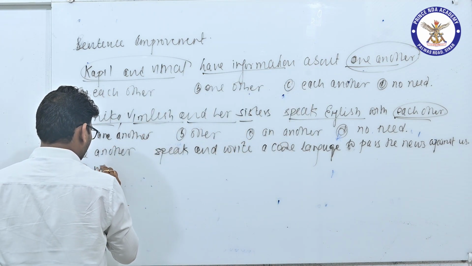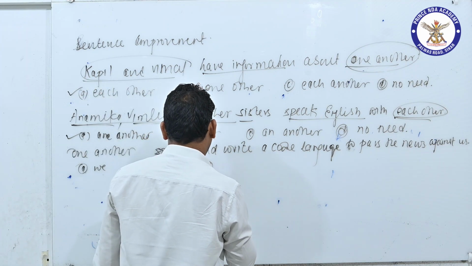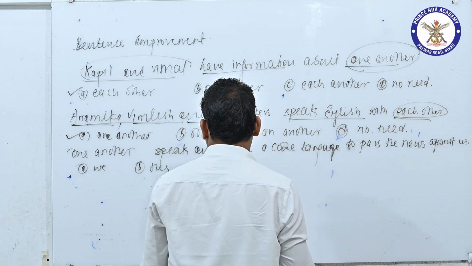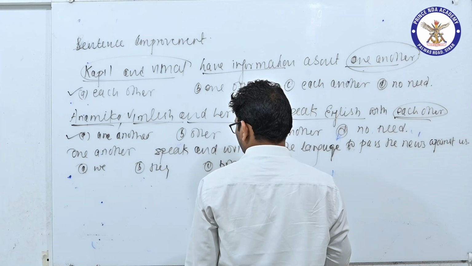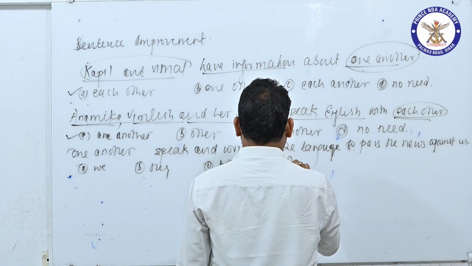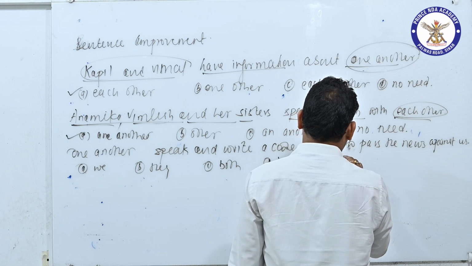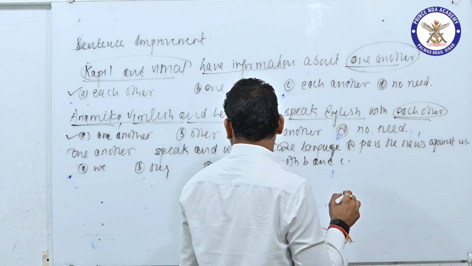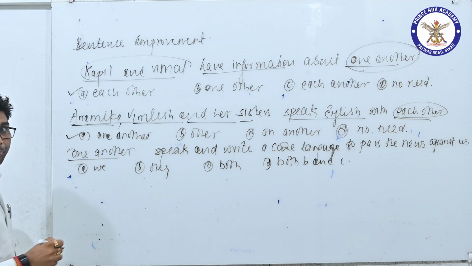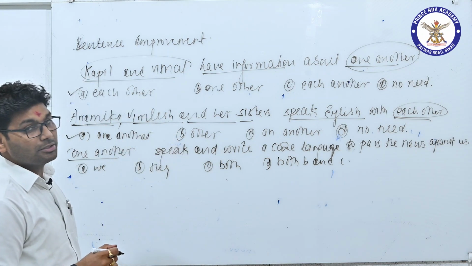Option A, we, B, they, option C, both, D, both B and C. I will read the sentence again. One another speak and write a code language to pass the news against us.